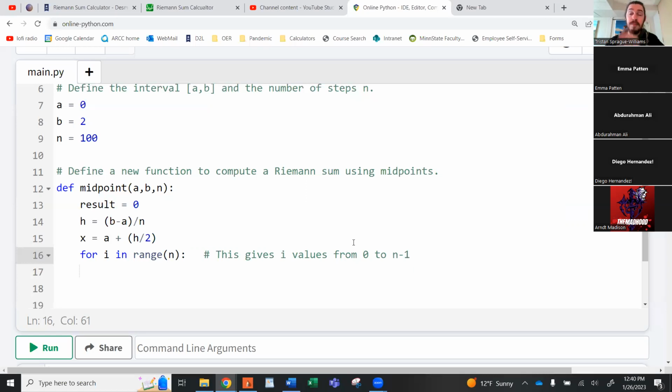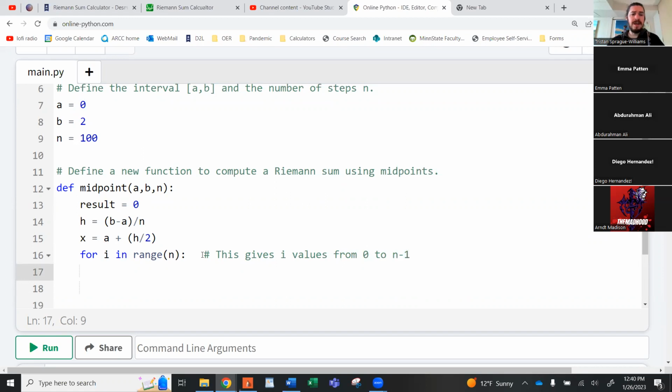We're going to have to make a small adjustment to our formulas, actually not much really, just to accommodate the fact that our i goes from 0 to n minus 1 instead of 1 to n. Not really going to matter for this one actually, but it's going to matter more later, like for the trapezoid rule.